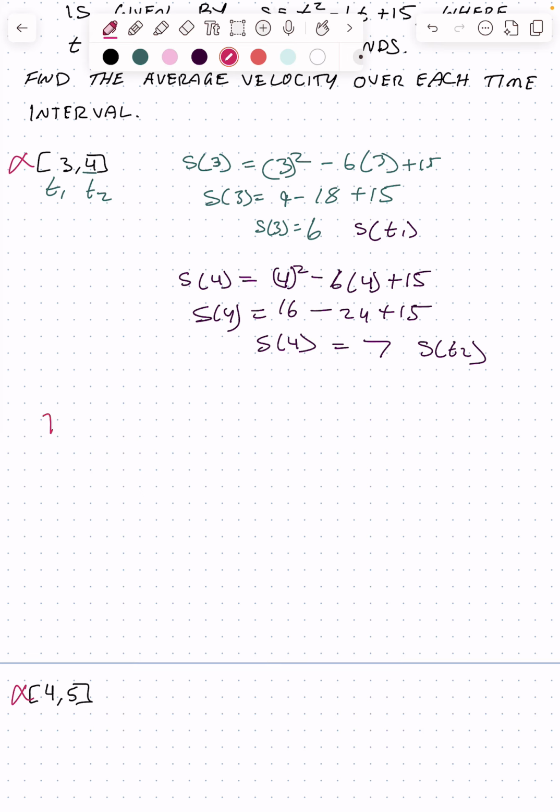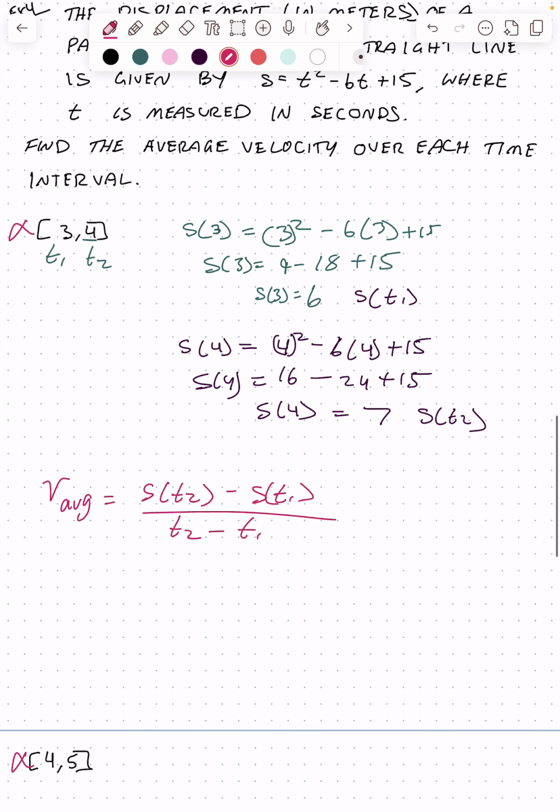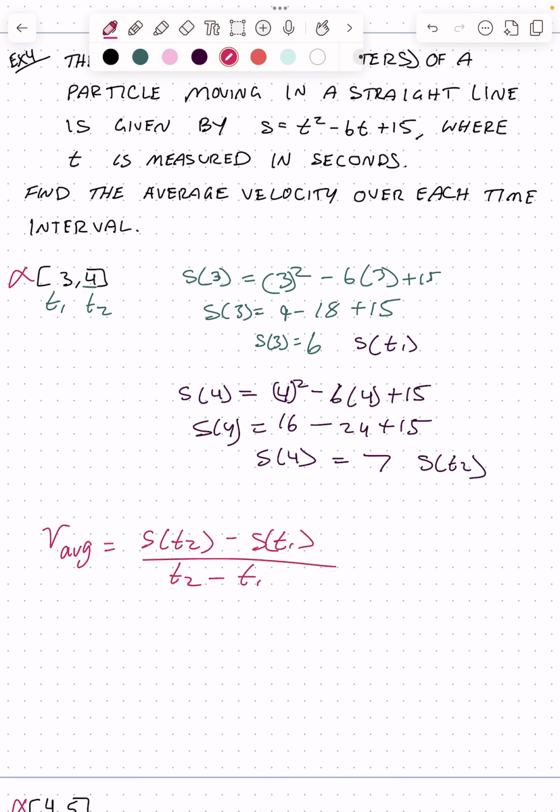So we have V average equals S of T2 minus S of T1 over T2 minus T1, right? Okay, so that's why we evaluated our function with our interval. So now we can literally just plug it in and figure out what our answer is.